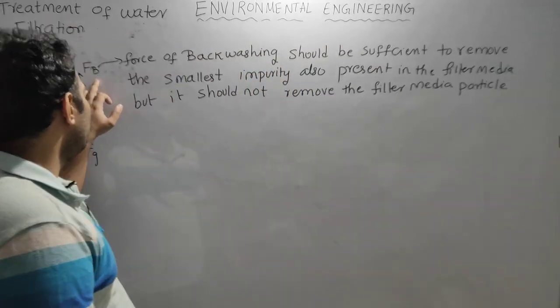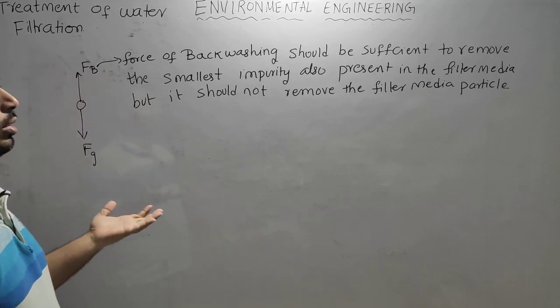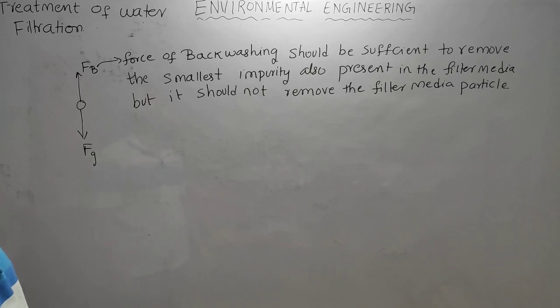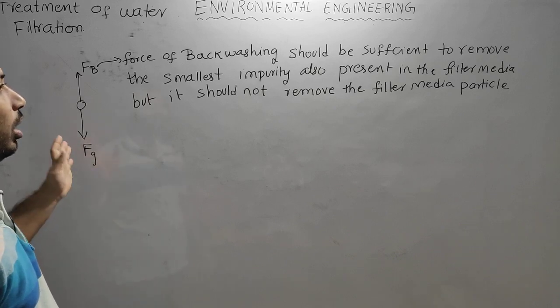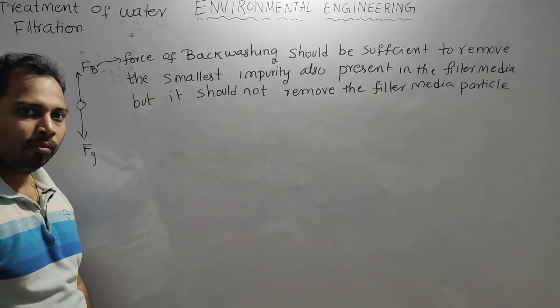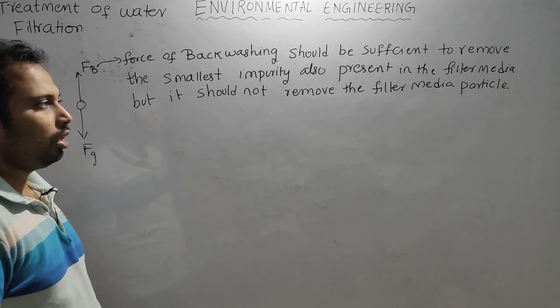So we need to fix this force of backwash, because when you are sending water from the bottom onto the sand media, you are working in the opposite direction of gravity on that filter media, just to take the impurities out of it.